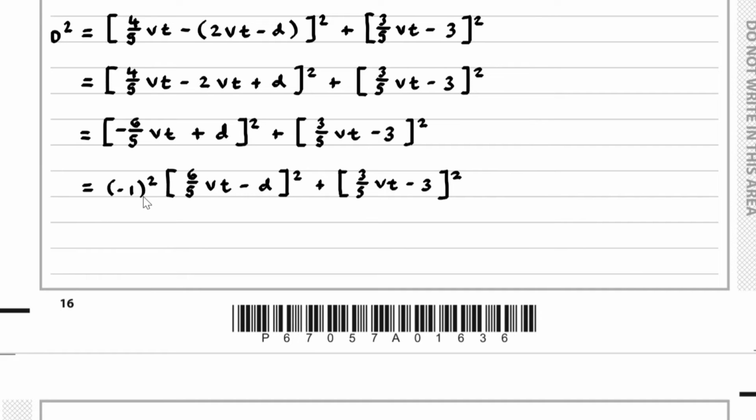A minus 1 all squared is just 1. So what we will be left with is 6/5 vt minus d squared plus 3/5 vt minus 3 squared. And that's exactly what we wanted to show.